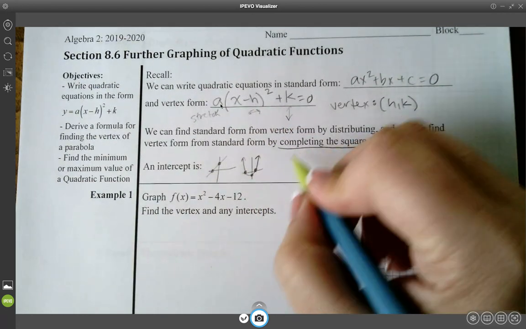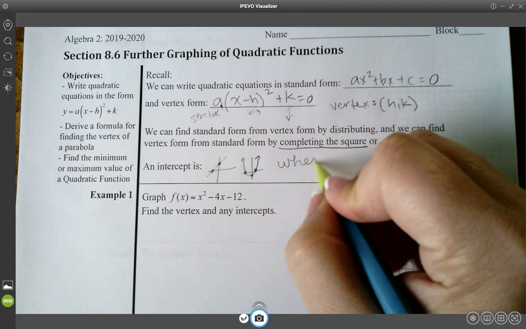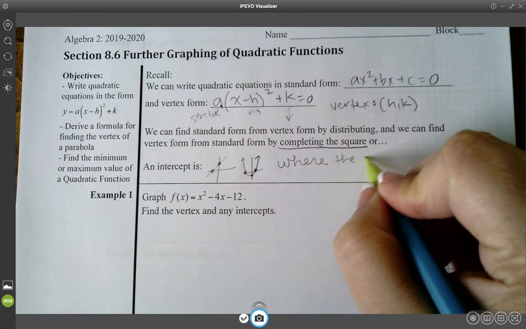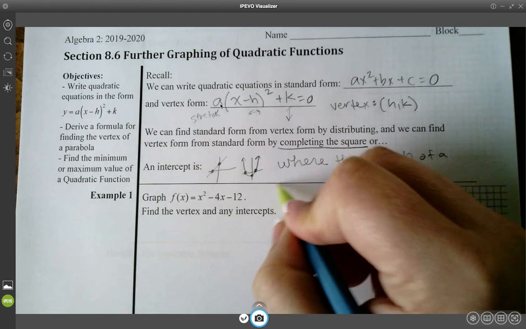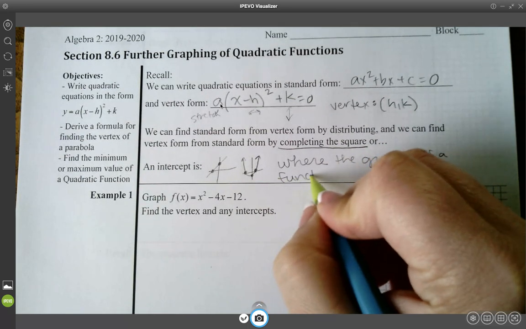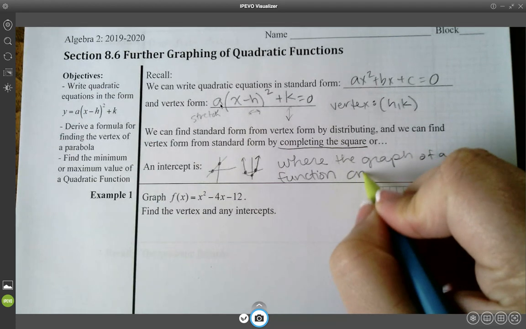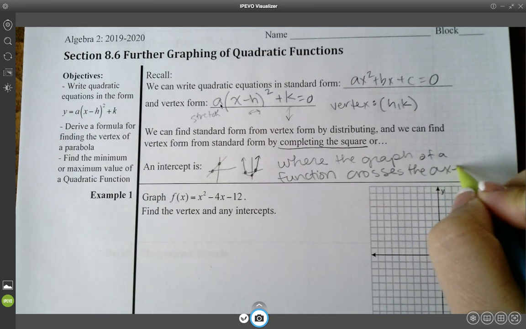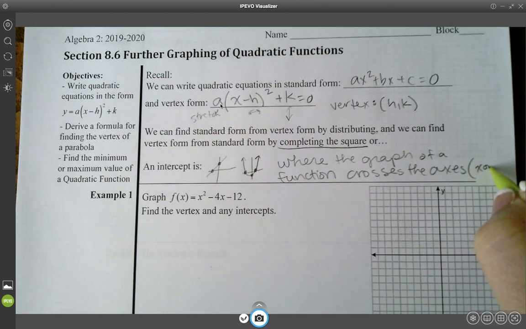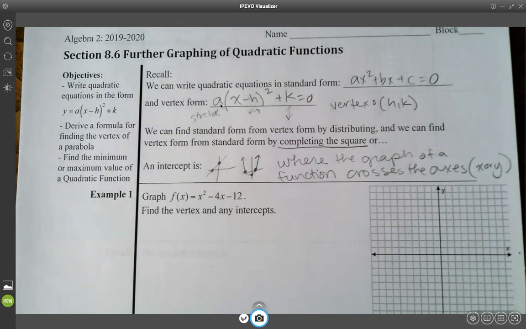So the definition of an intercept is where the graph of a function crosses the axes, and that's x or y. Okay, so we can have two different types of intercepts.